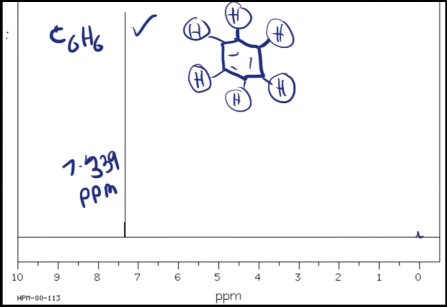I think the solvent was deuteriochloroform. So somewhere at around 7.25, there's probably a little bit of a peak due to that chloroform resonance, CHCl3. A small amount of residual chloroform in the CDCl3 is likely how they were able to figure out that this resonance was 7.339.